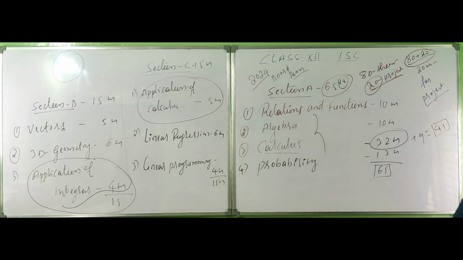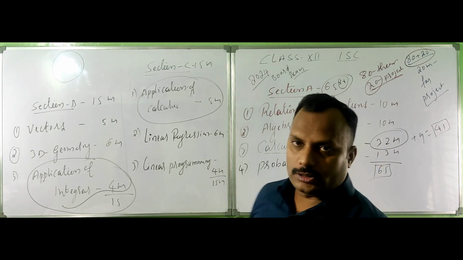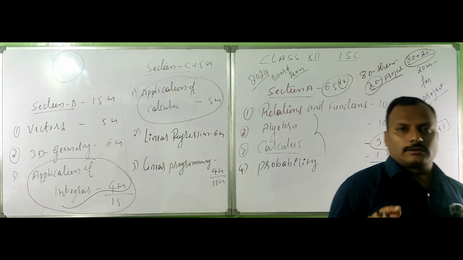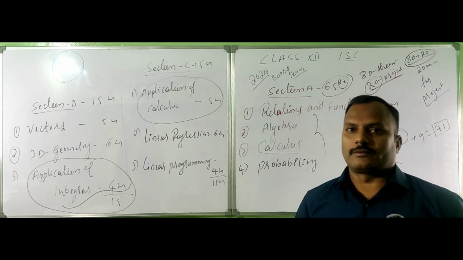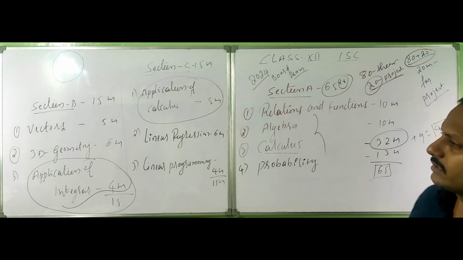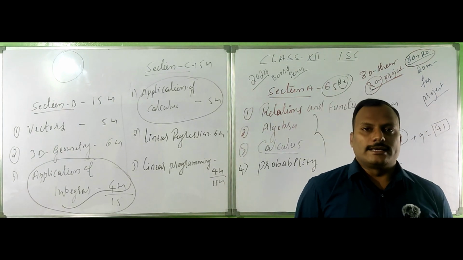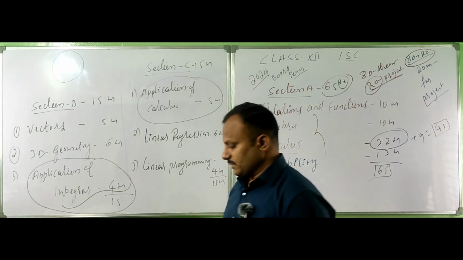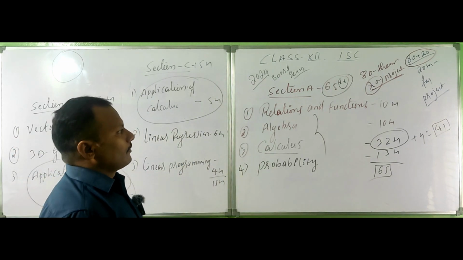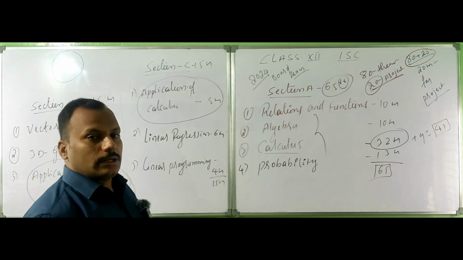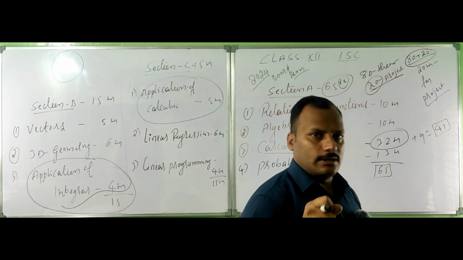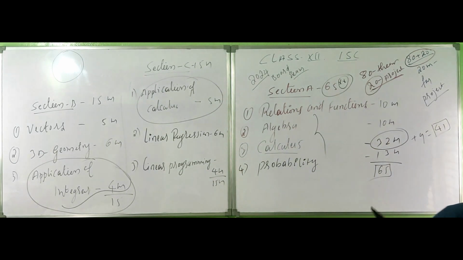So out of 80 marks total, 41 is from calculus only, a single unit, a single chapter. It may be huge, but the demand for calculus is very vast in physics and engineering. That's why they put that much focus on this subject. So 41 means more than 50% of the syllabus is calculus for this year.